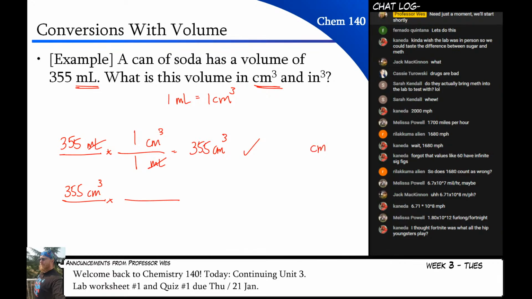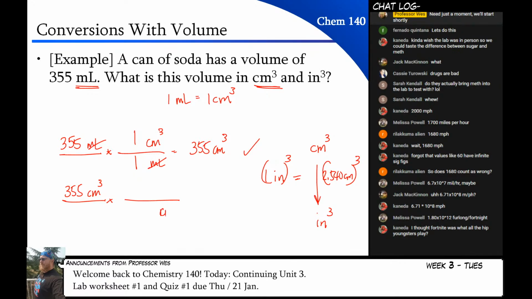And I need to get from cubic centimeters to cubic inches. So what I would do is I would write down the one-dimensional conversion, and then I would cube everything. So let's do that here.